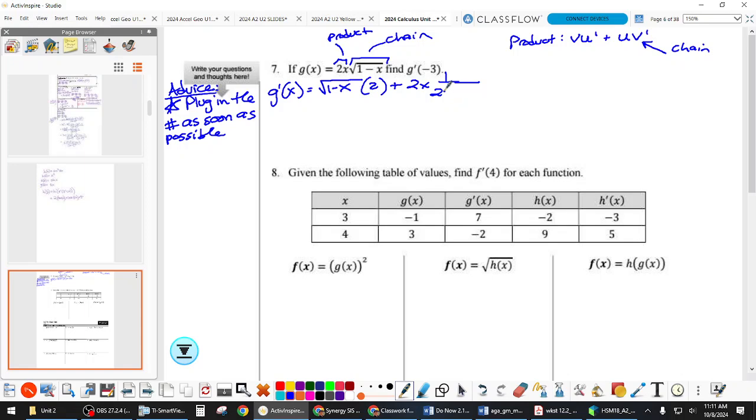So 1 over square root of u. I'll put the u out there in a second. And then times du dx, which is negative 1. Okay, and then u equals 1 minus x. I need to plug that right there. I think I'll do that on the next step when I simplify. Does everybody follow how we got to that point?